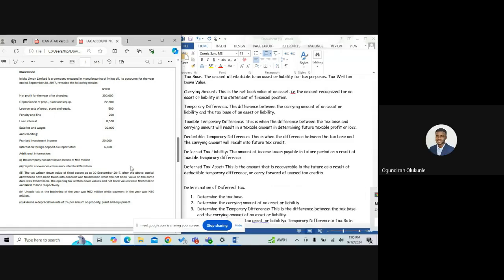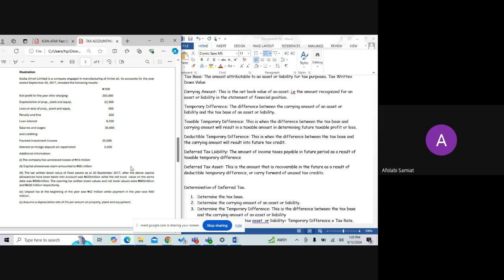Please read so that we can move. Isiaka Jimo Limited is a company engaged in manufacturing of oil.